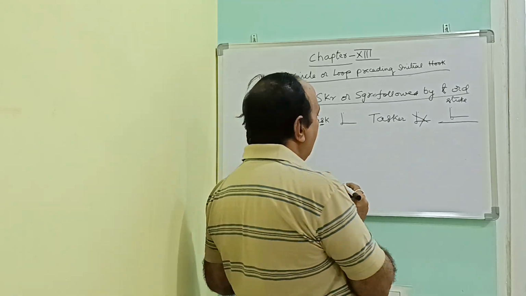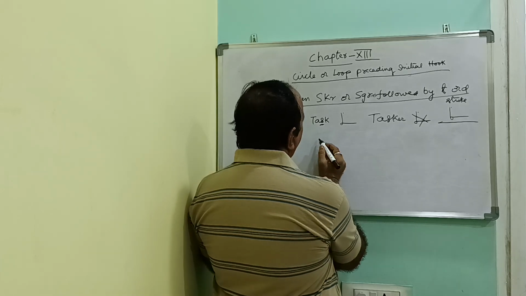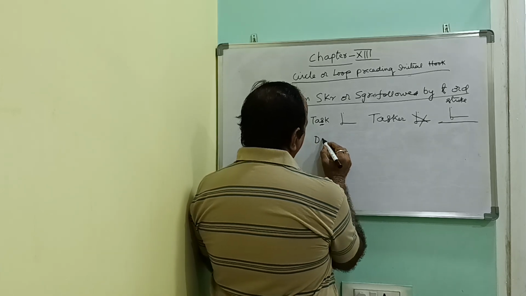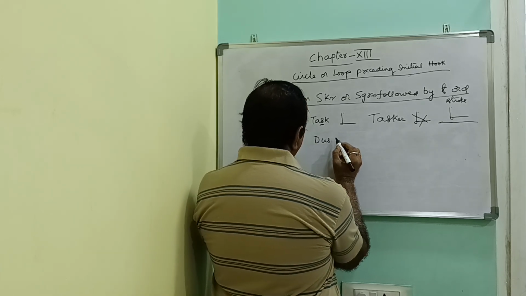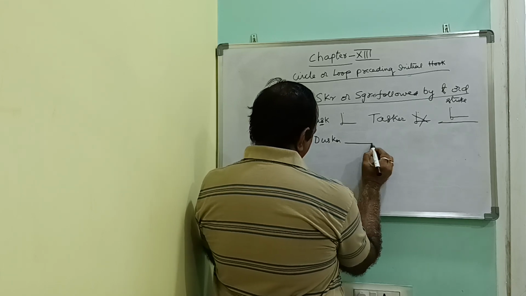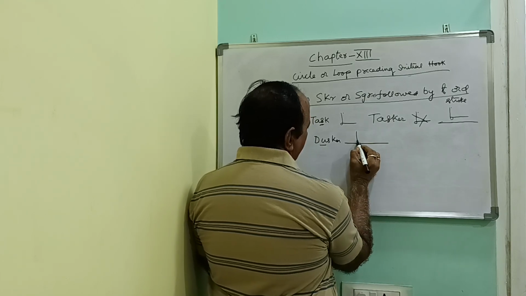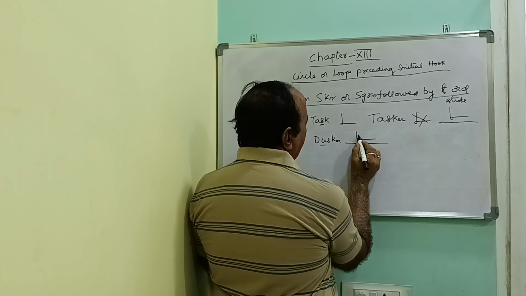In the same way, for example, dusker. Same way, after D there is a hook here, then D, then take the circle like this, write like this here.